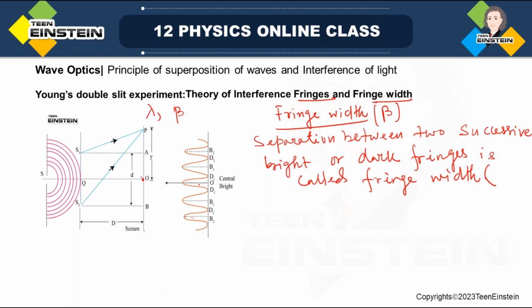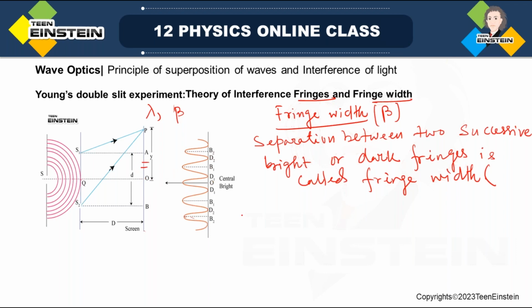All right, so we need to find out the distance. If I say this point O is the origin, and this OD represents the y-axis, and the horizontal direction is the x-axis, then we can find out the distance where the bright or dark fringes will occur.